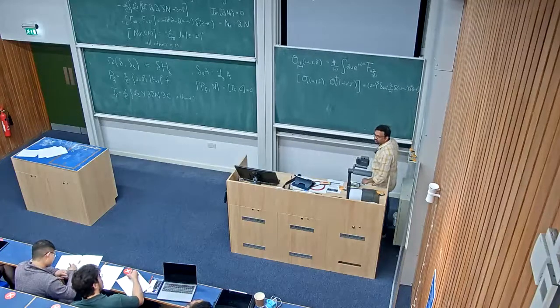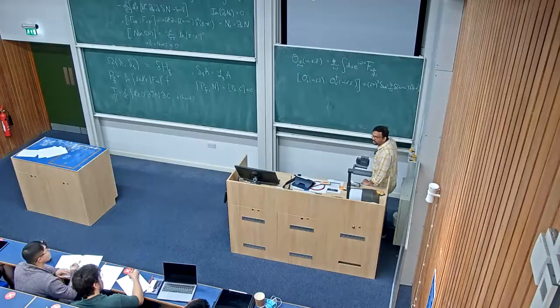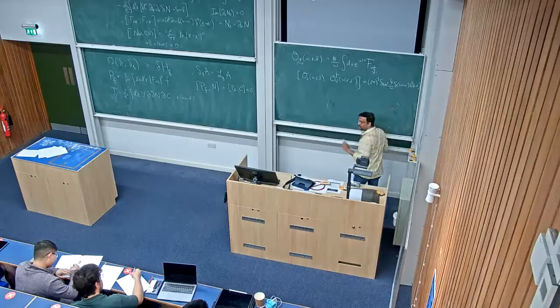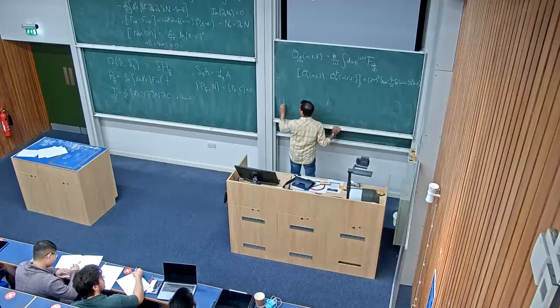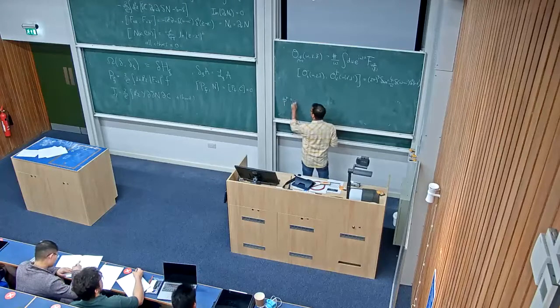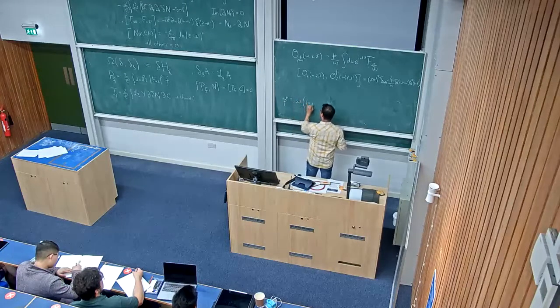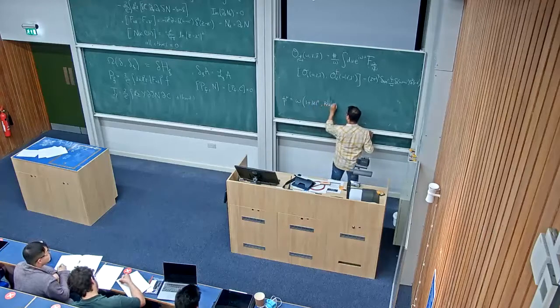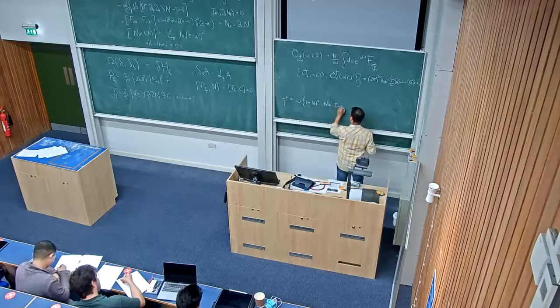How do you find these operators again? I'm coming to it, one minute. You saw this doesn't look nice at all. However, let me define the following object. P mu is omega, the real part of z, the imaginary part of z.